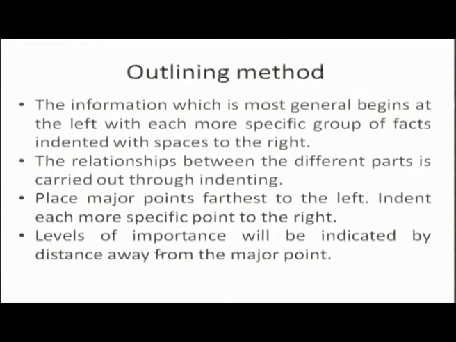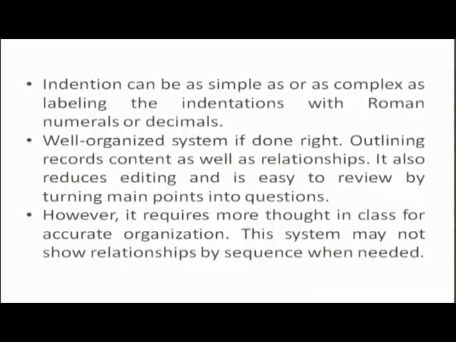So, levels of importance will be indicated by distance away from the major point. Indentation can be as simple as or as complex as labeling the indentations with the Roman numerals or decimals. So, when you have the points, you can just bullet them, or you can use Roman numerals or any other numbering system.